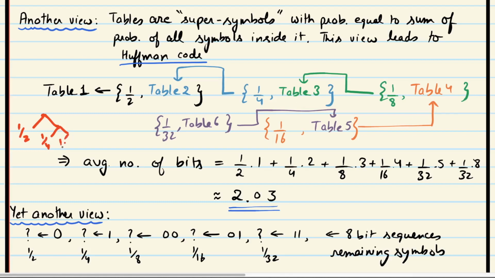Again, left side 1/8 and right side a super symbol with all the remaining probabilities. This is table 4. So 1/16th, and then right side with the super symbol, and so on and so forth, 1/32. And now here you have this single table 6 which has all the remaining symbols.